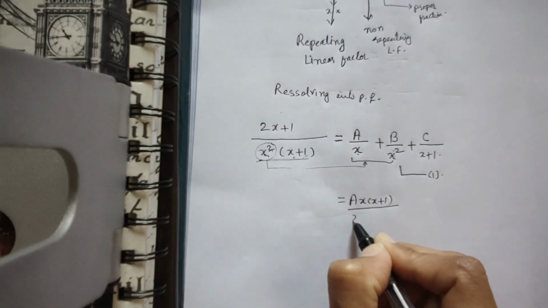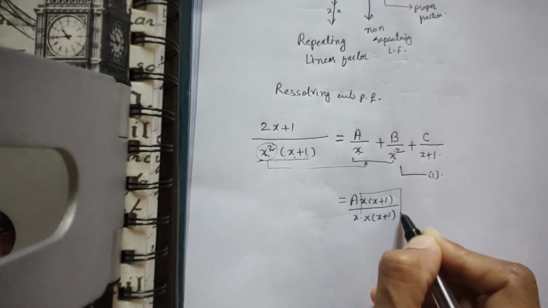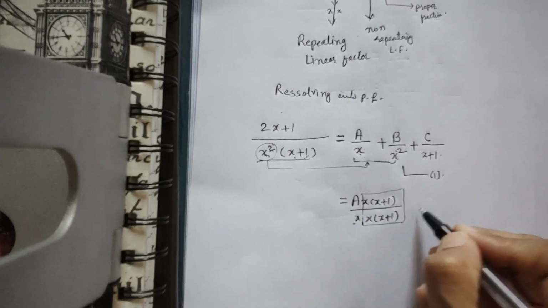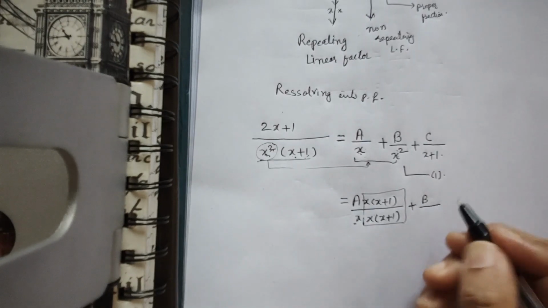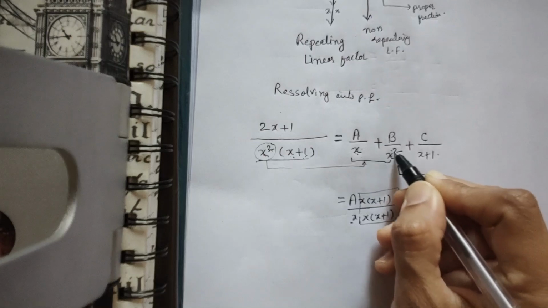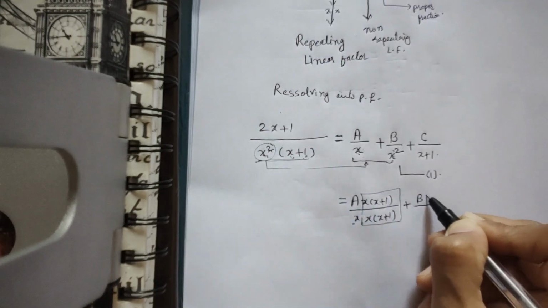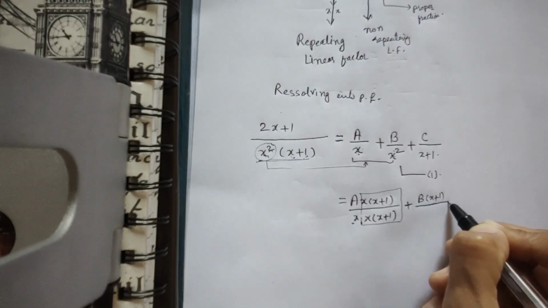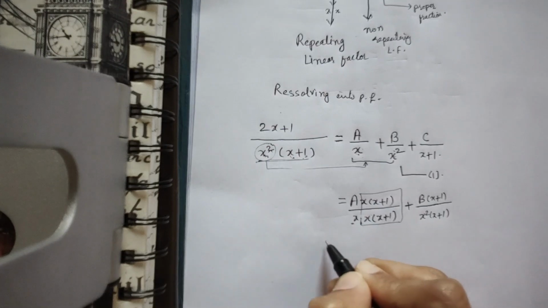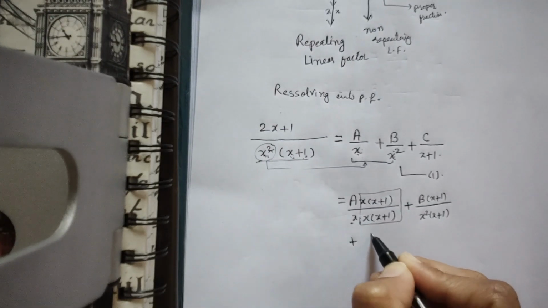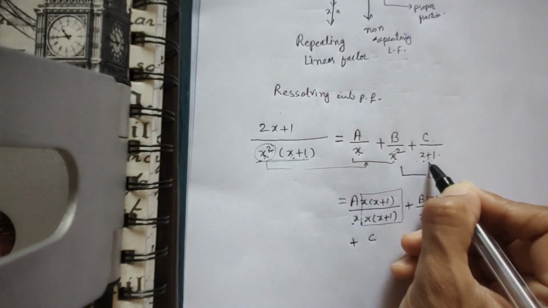What will I get? A, x into (x + 1), this term I multiply and divide, and this is already there. Plus B upon, now here x square I have, I need to multiply with (x + 1). So B into (x + 1), multiply and divide with (x + 1). Plus C, what I don't have here, x square is missing. (x + 1) is already here.